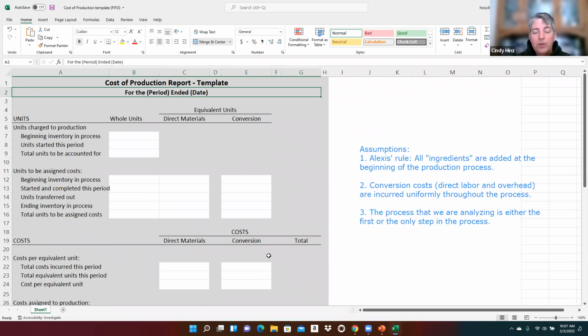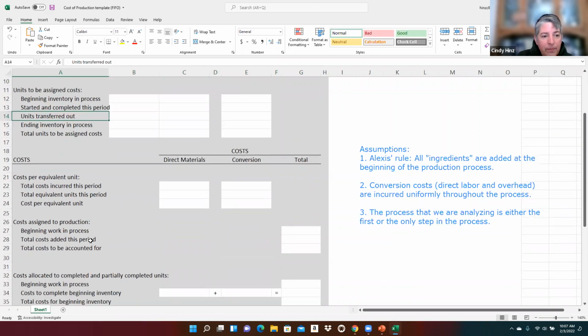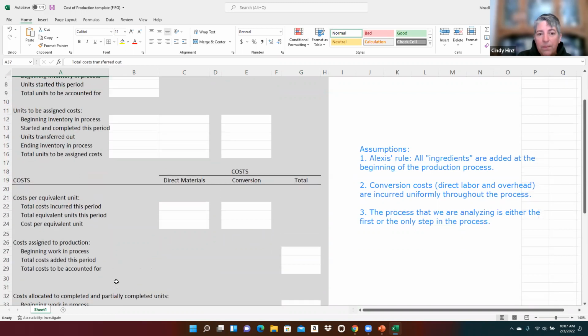if there were a second or third or a 10th step in our process and we were trying to account for that, you see right here in cell A14, it says units transferred out, and down here in A37, it says total costs transferred out.